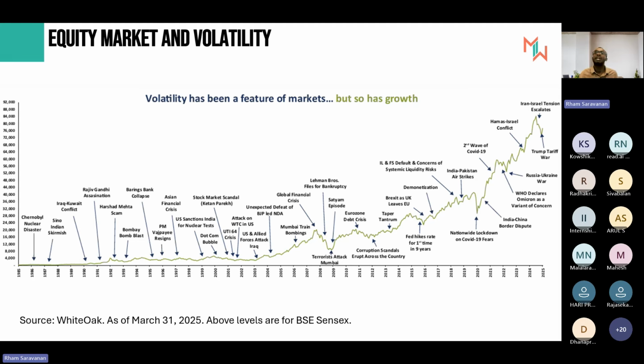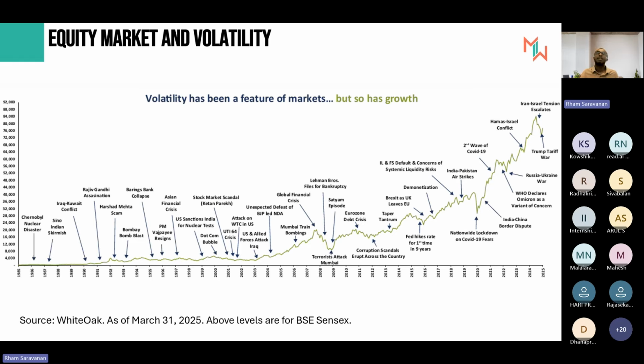Each event created fear that this time it is different, right? Moving ahead, we saw the dot-com bubble, the 9/11 attack, then the Ketan Parekh scam, then the global financial crisis of 2008, which many of us still remember so well. At that point, people genuinely believed equity investing was finished. The Sensex fell sharply, businesses collapsed, and the headlines were extremely negative.